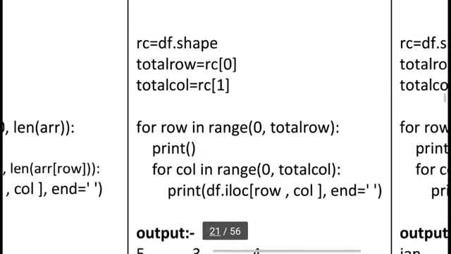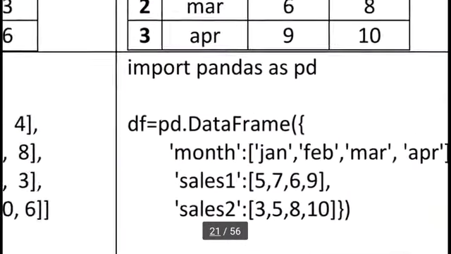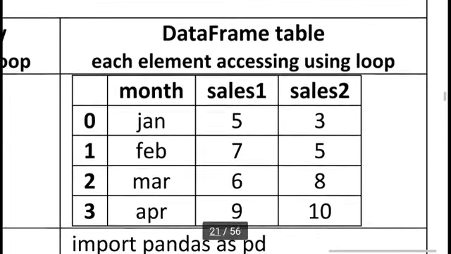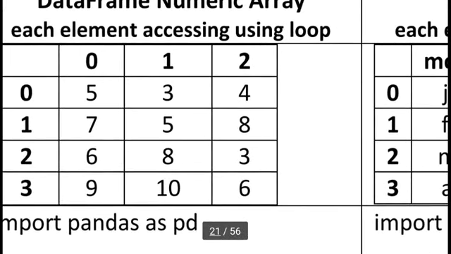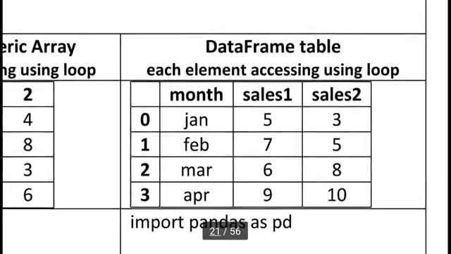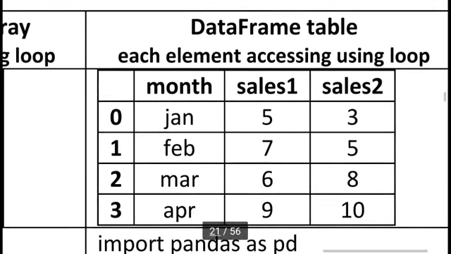Okay, the same example we can use with dissimilar data types. Here the data is of similar type, all the values are numerical, but here is our practical table: month, sales 1, sales 2, and this is our data frame.